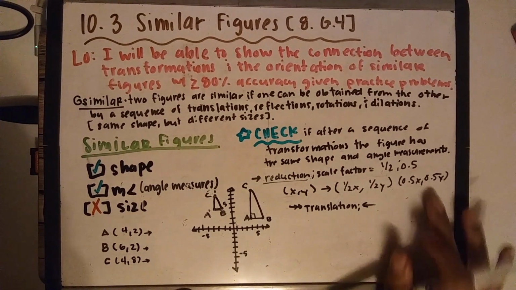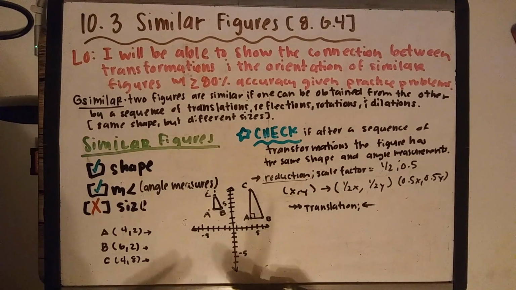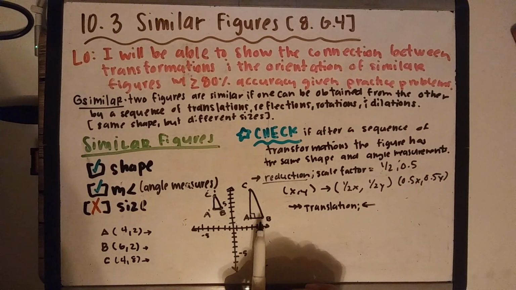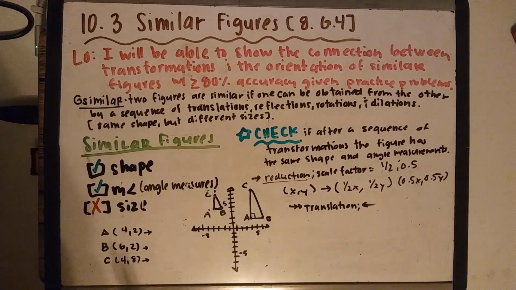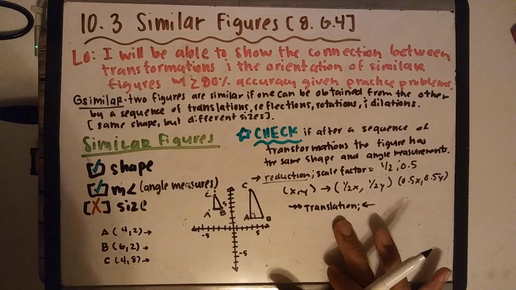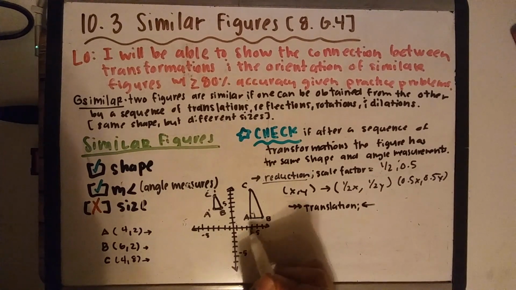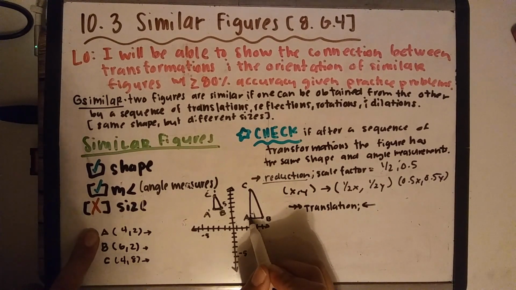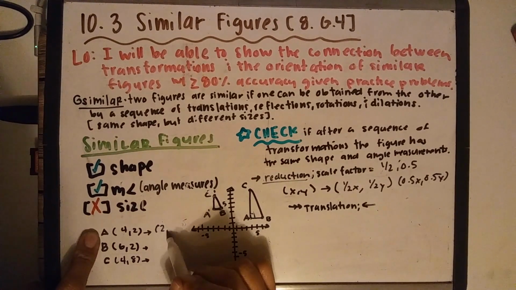Okay, so I know that the sides look the same, but it's not just shrinking it over the same center of dilation. So there has to be some kind of translation where I moved it. Because this is 4,2, if I were to reduce it by half, that will give me 2,1.